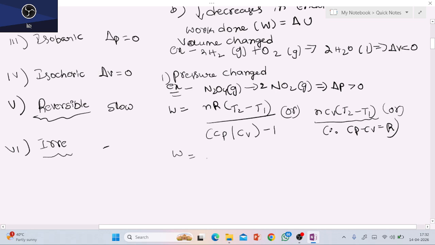So isothermal adiabatic condition is commonly observed in irreversible reaction. W equal to minus P external, and delta V is also going to be taken.